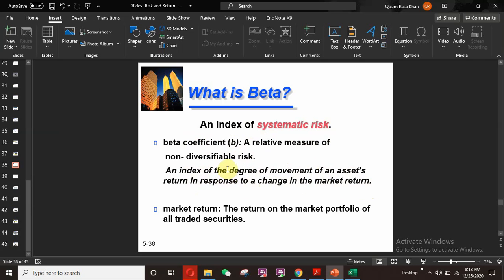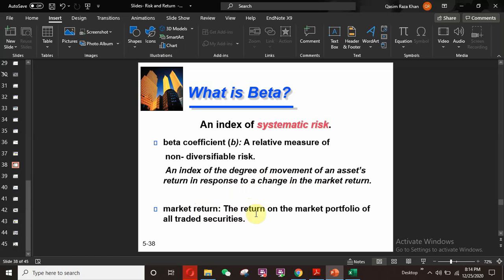So basically, beta is an index that determines the degree of movement, how much change there is in asset return in response to change in the market. So if there is a high beta, then there will be a high degree of movement, and if there is a low beta, it means the response and the change in return of your asset is less compared to the market return.